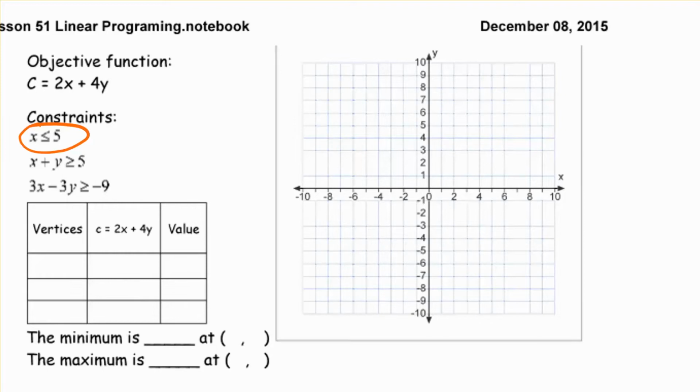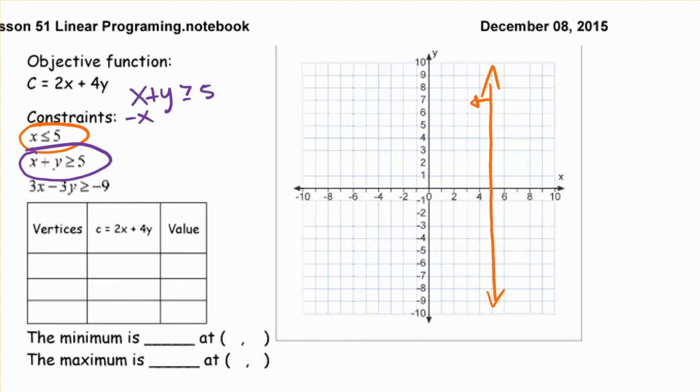So we've got a constraint at x is less than or equal to 5. That would be a vertical line where all our x values are 5. Less than would be to the left of this line. We've got x plus y is greater than or equal to 5. That can be one step to solve it for y.